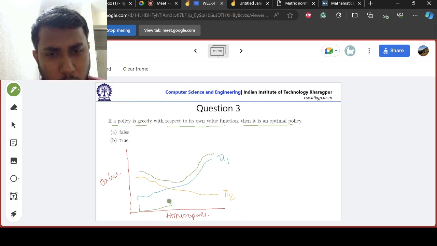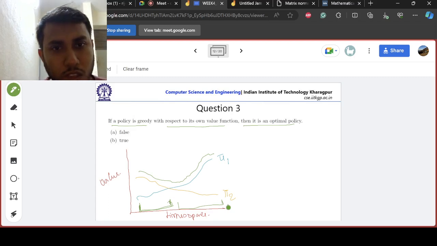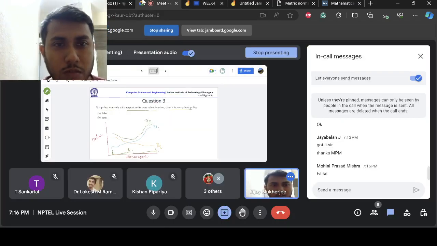Up to this it will follow pi 2, and from this to this it will follow pi 1. So it is basically greedy. You say it always selects the one which is better.